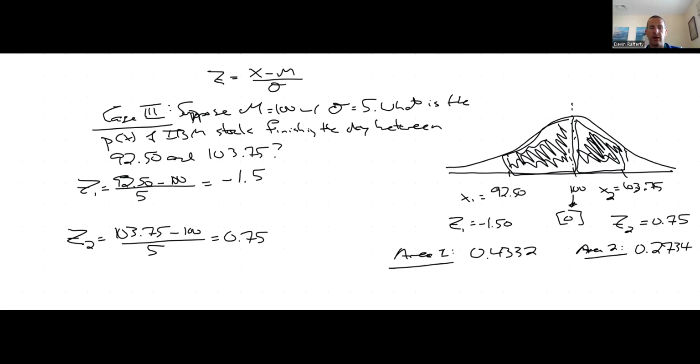0.2734. Okay. Now, if I combine these two, if I do 0.4332 plus 0.2734, in other words, this is 0.4332.